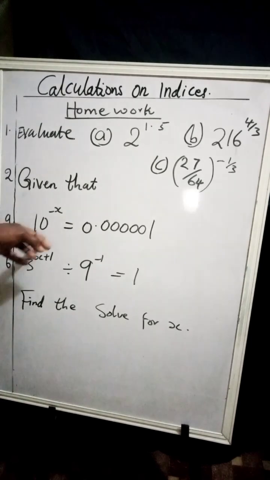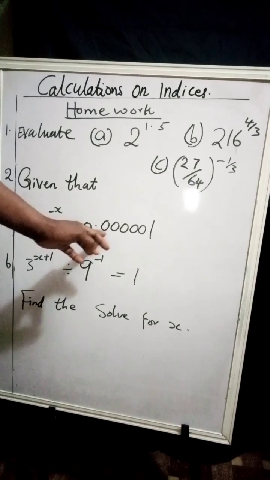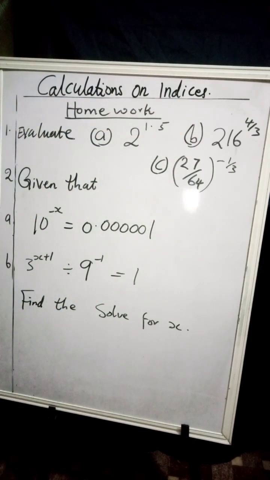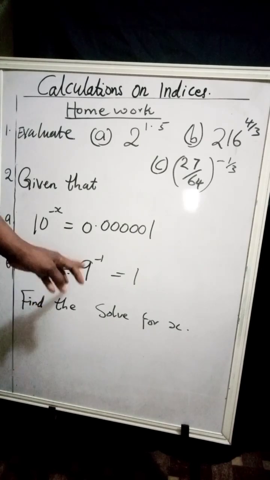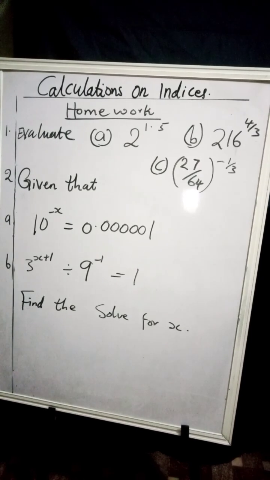Given that 10 to power negative x is equal to 0.000001, and B, 3 to power x plus 1 divided by 9 to power negative 1 is equal to 1. Solve for x. Do it and hand in.